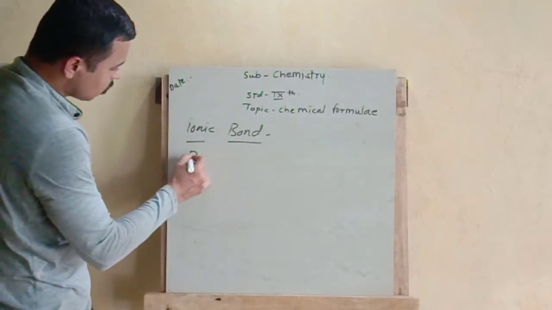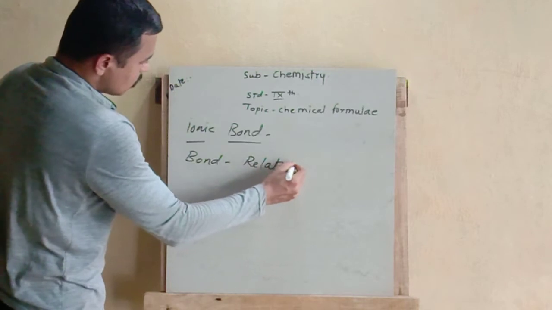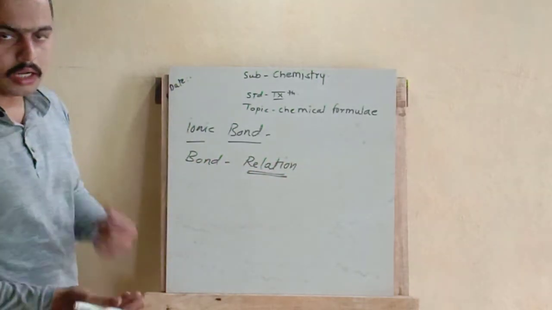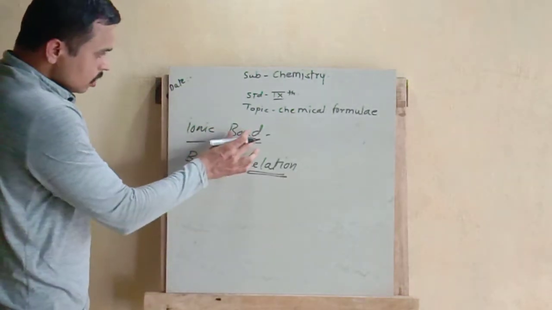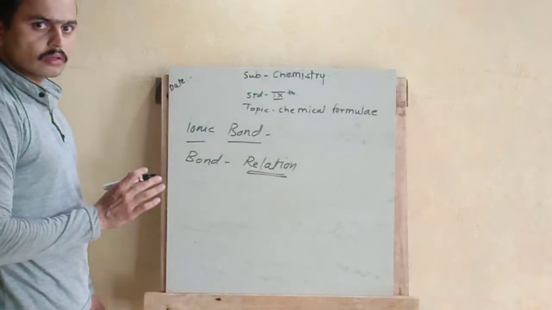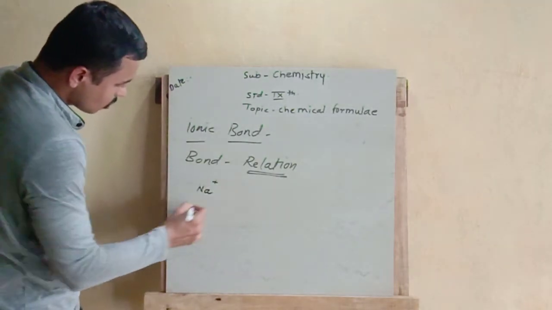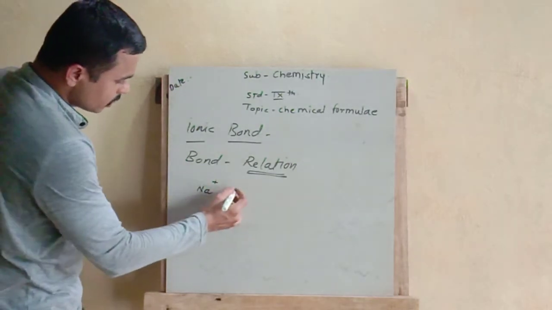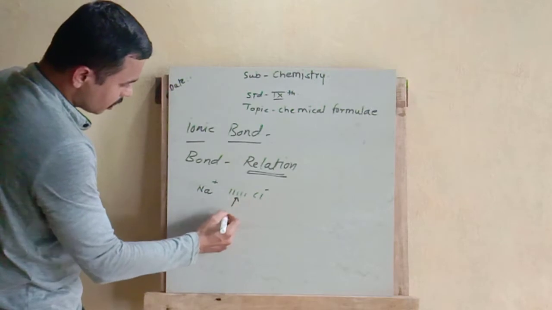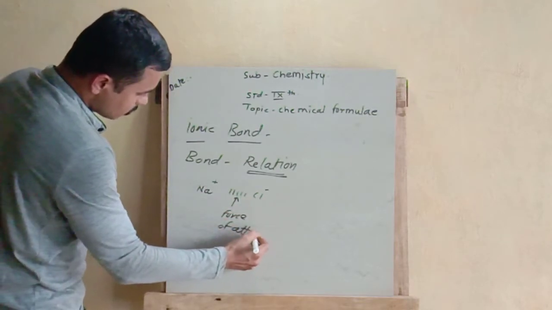So bond is called as a relation. It is a relation between the two ions. So if the relation is between the ions, it is called as ionic bond in short. So for example, if sodium having positive charge will be attracted to chloride ion, this is the force of attraction.